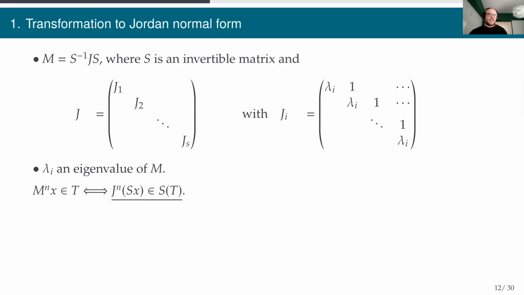So of course, taking powers of M means that essentially you're taking powers of J, but you're doing this similarity transformation. So if we're looking for M to the n of X to reach the target, essentially you're looking at J to the n applied to some other related vector, whether that hits a related target.